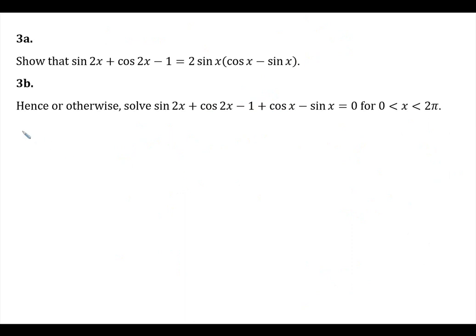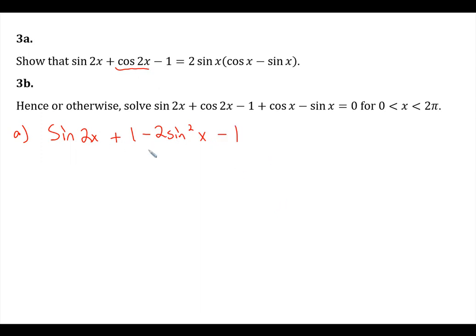So part A tells us to show that this is equal to 2 sine x times cosine x minus sine x. The first thing I recognize right here is I've got this cosine double angle, so I know that I could use some sort of substitution there that would help me. I've got sine 2x, and I'm going to replace this cosine double angle with 1 minus 2 sine squared x minus 1.